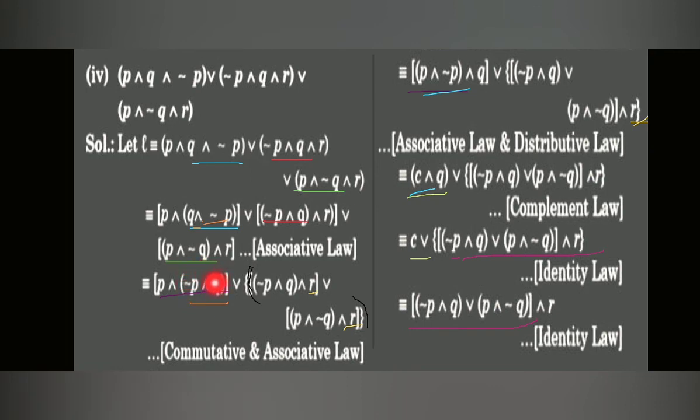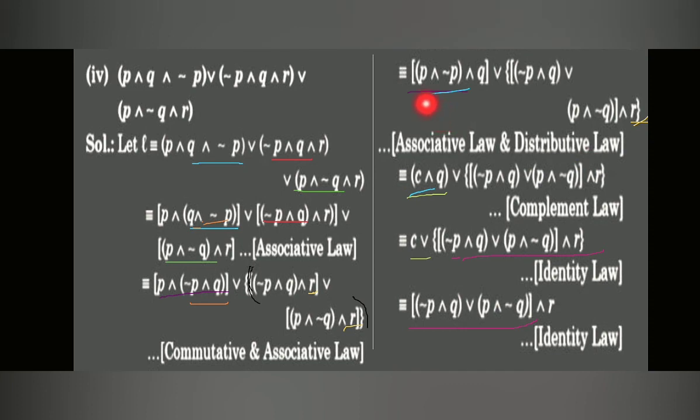Now again, associative means this statement and this statement right in bracket, curly bracket shown here. This is associative law applied to these two brackets. Commutative means this ¬P right in first position and this Q right in second position. Now again apply associative law and distributive law.